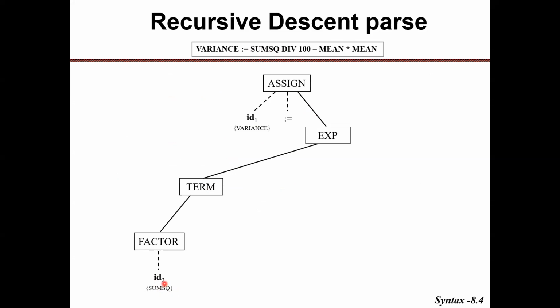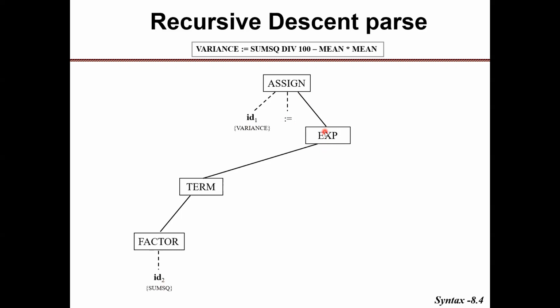And we're going to go ahead and classify it as an ID because it does fit that rather cleanly. Okay, so we're serializing it so we can keep track of this. So sum square is an ID. So the problem is now we can accept ID followed by an assign followed by an expression.